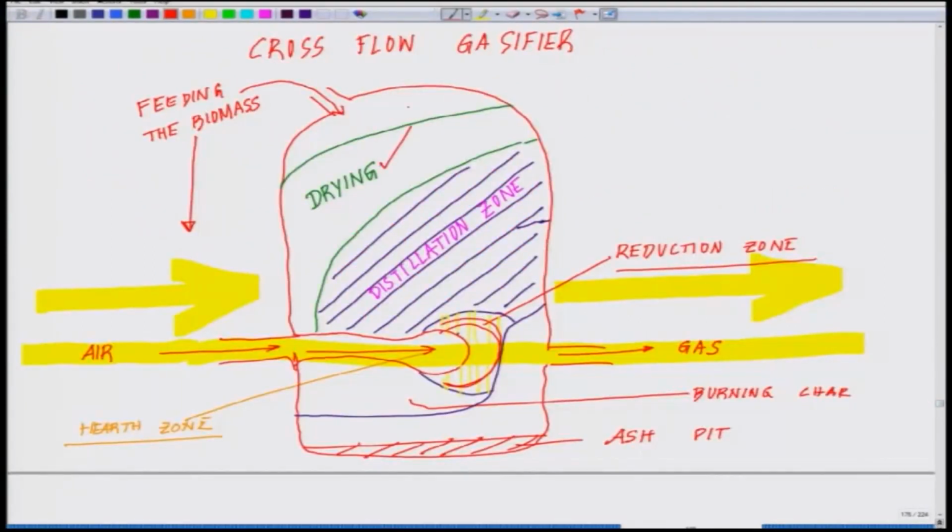See, the drying is taking place at a higher level. Similarly, distillation or pyrolysis is all happening at the higher level, and at this level is the final reaction where the air is coming in contact with those processed materials.